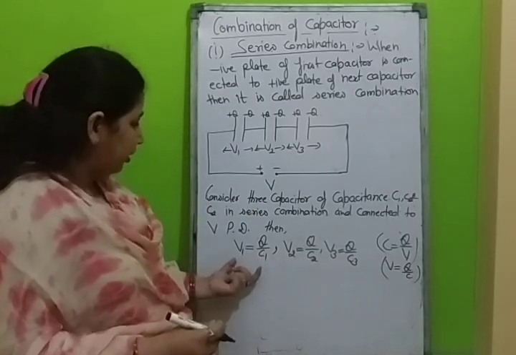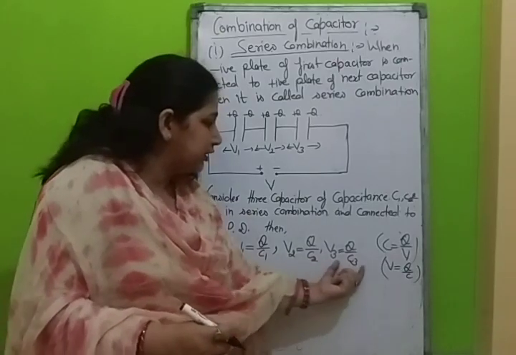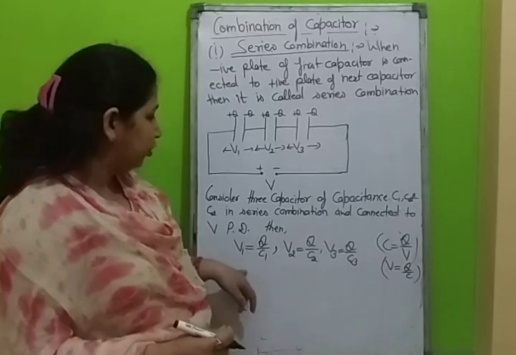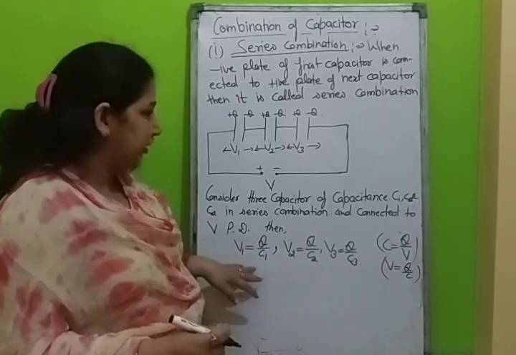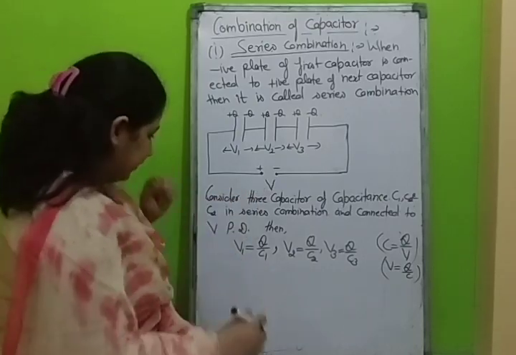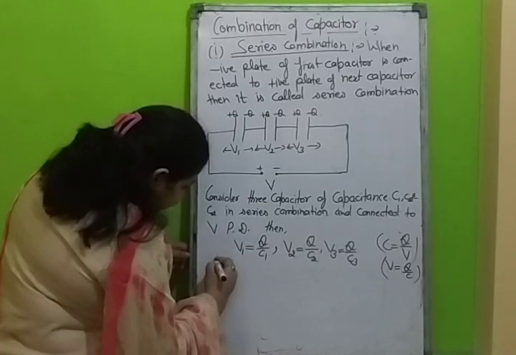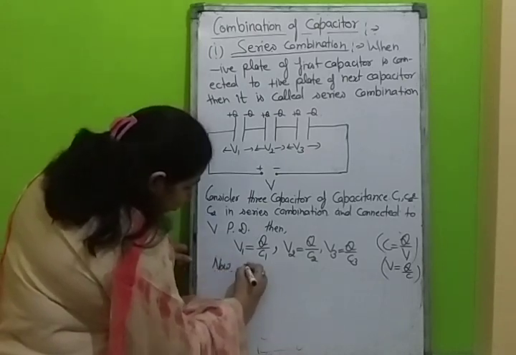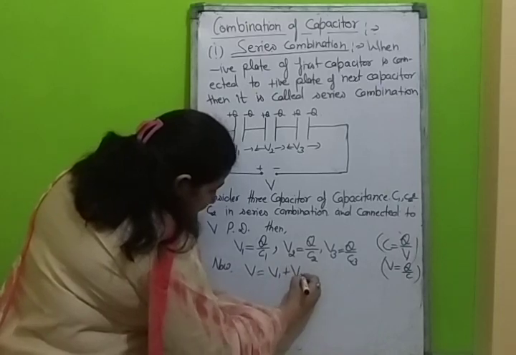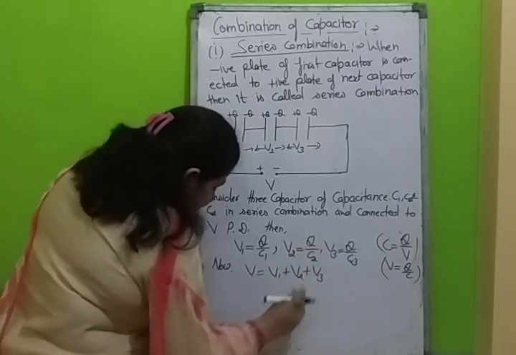Now we will add up these three potential differences, and the sum of these three potential differences should be equal to the applied total potential difference. Now V is equal to V1 plus V2 plus V3.